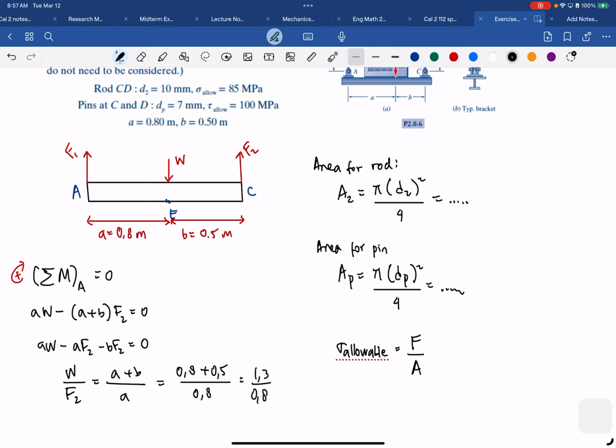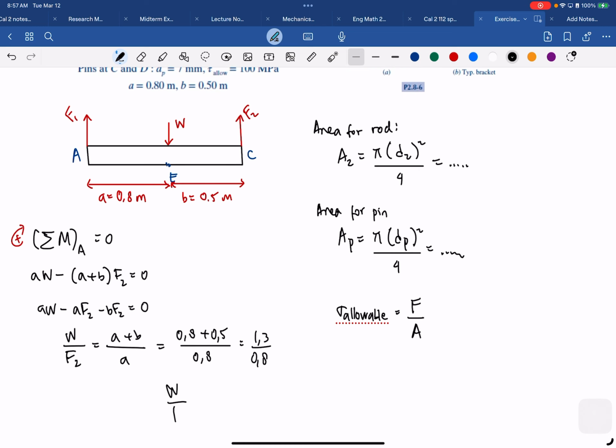Since the A will be the same A as in our calculations, the W over F2 is equal to this ratio.